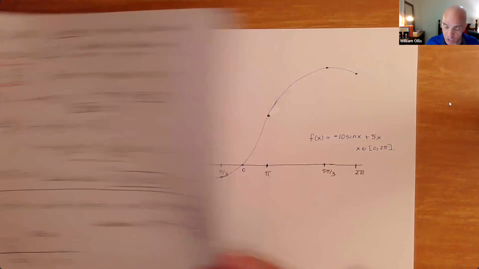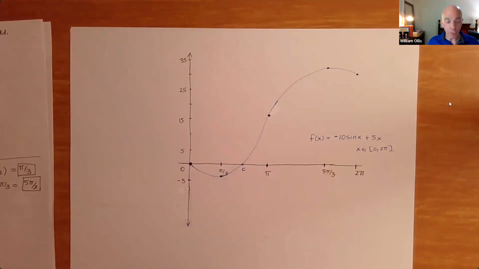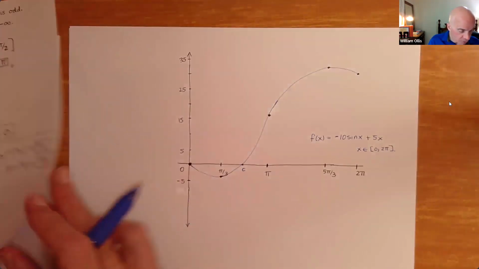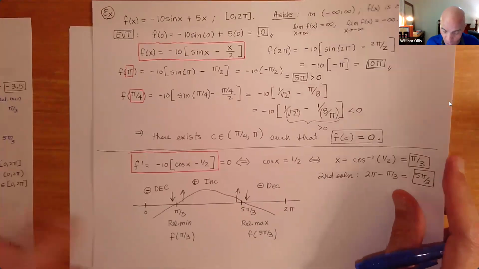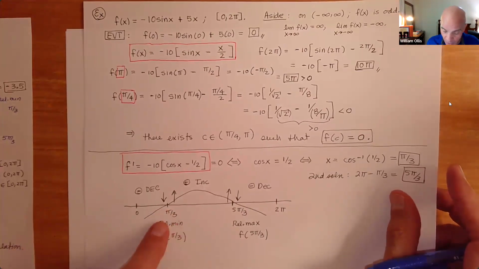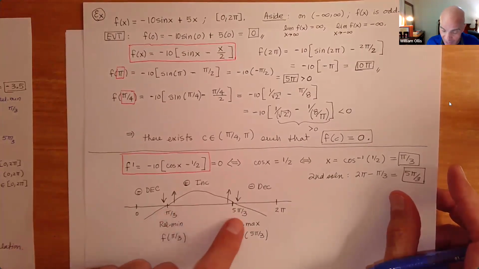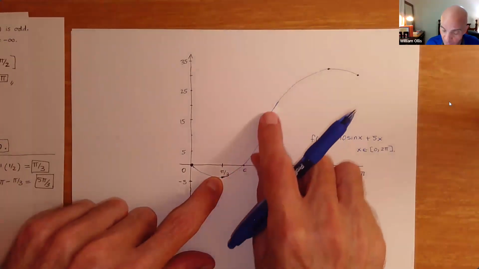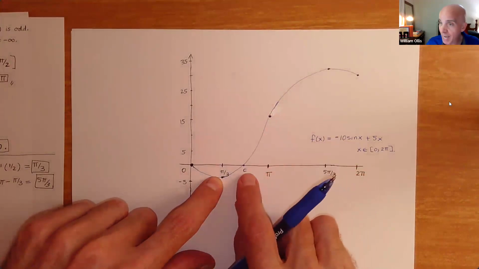Okay? So that analysis, and another thing too, if we notice, with this, we're increasing. So as we move from pi over 3 to 5 pi over 3, we start to increase, and so there's no way to double back. So we only had one zero.